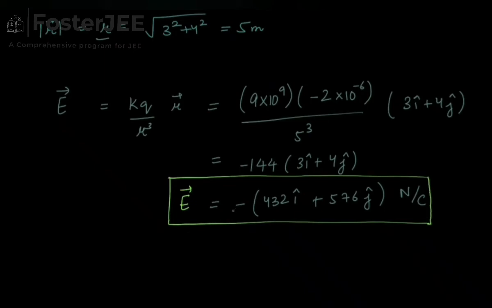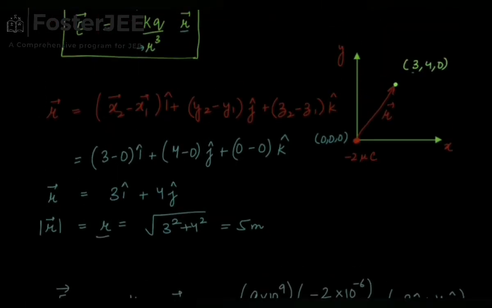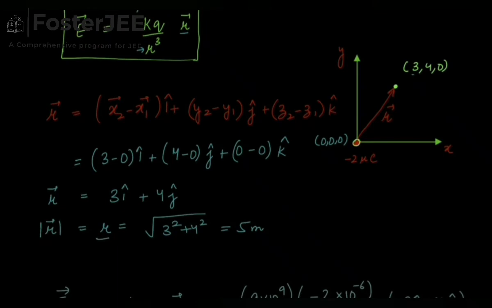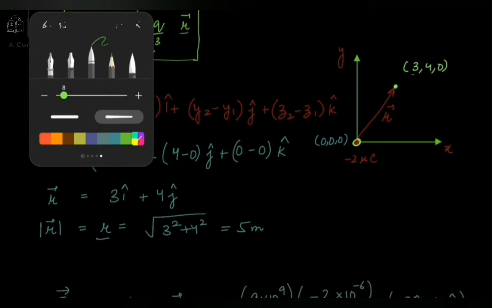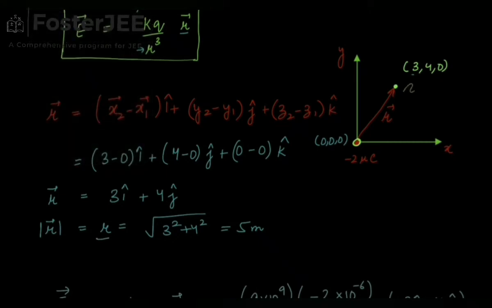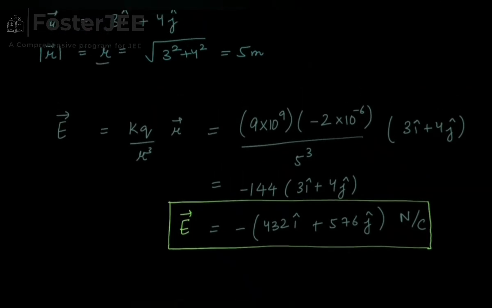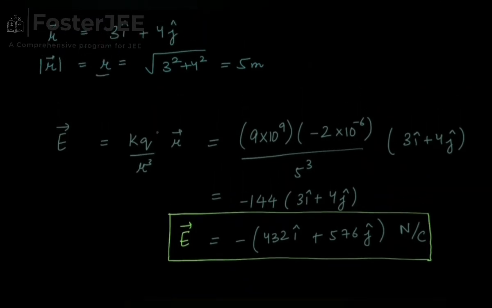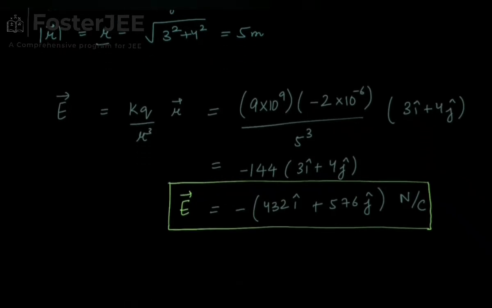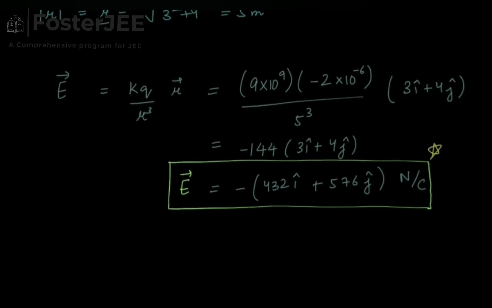And what does minus signify? It signifies that since charge is placed here, the electric field has its direction like this. So either we put negative sign here, or else we just calculate the magnitudes and then reverse the sign of the final electric field. So this is our answer.